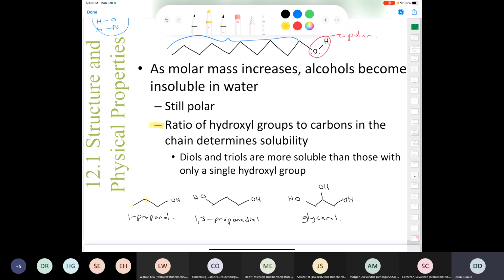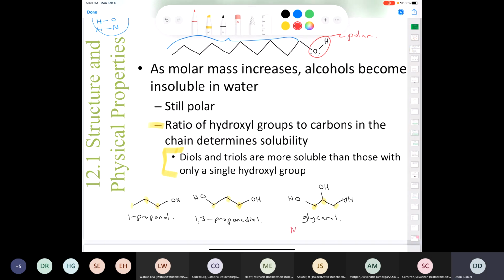So what do these 3 compounds have in common? They all have 3 carbons. Which one of these do you think is going to be the most soluble in water based off of this statement here? The glycerol?